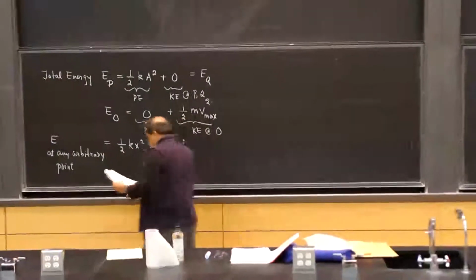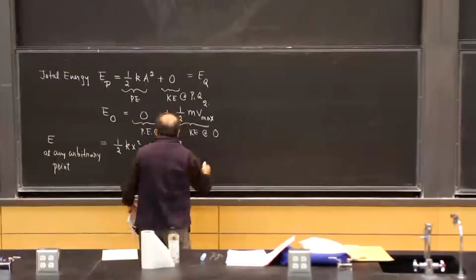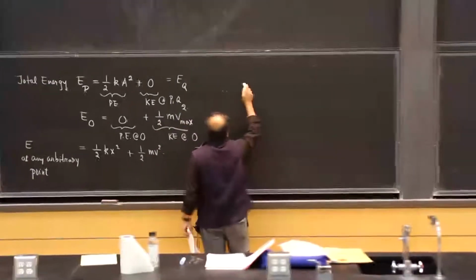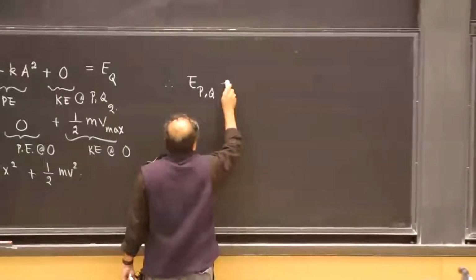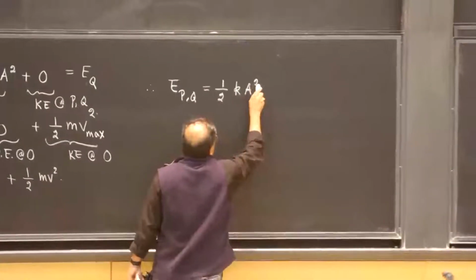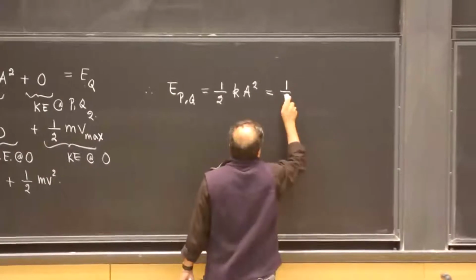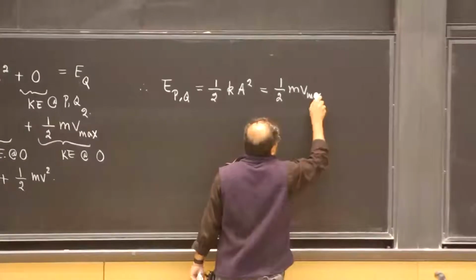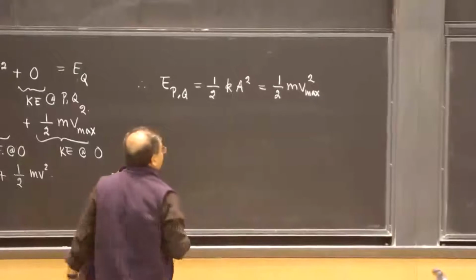If you know x, then this gives you a clear relationship between x and v. So I can write, for example, since total energy is conserved, energy at P or at Q is 1/2 k a squared, and this is equal to energy at O, which would be 1/2 m v max squared. You should be able to construct these very easily by just looking at your diagram.